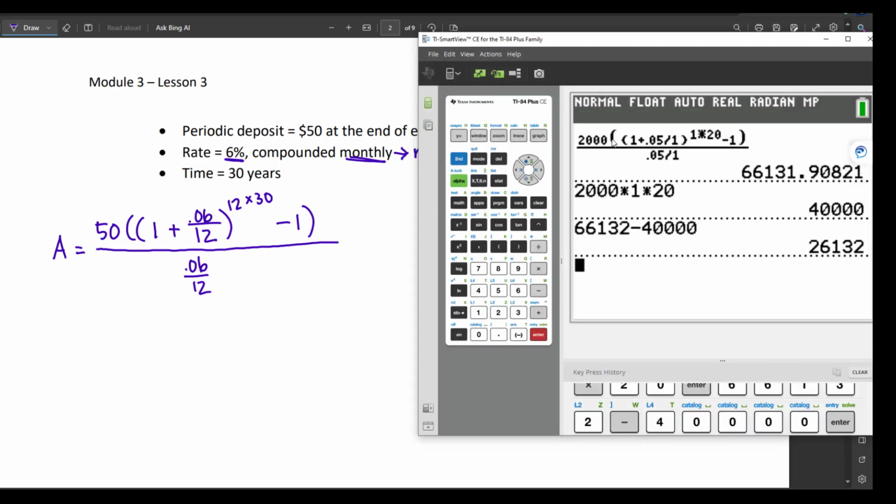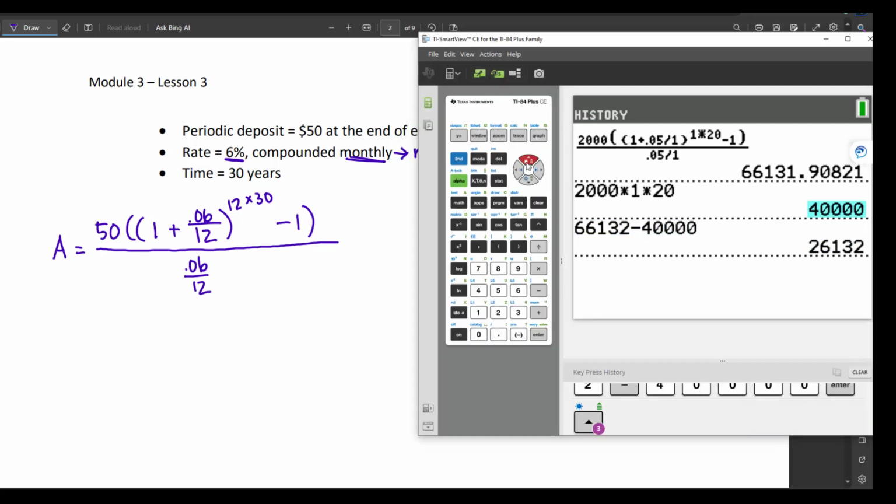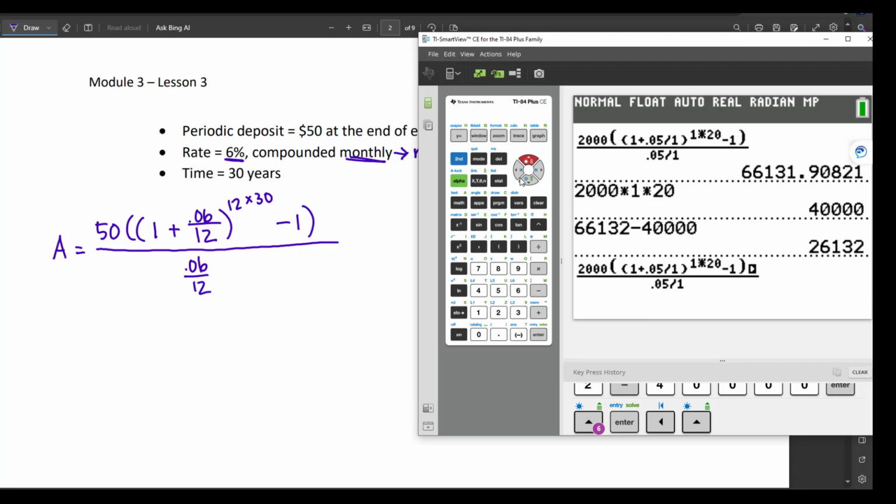Remember, on these calculators, you can scroll up to your formula, highlight it, and click enter, and we can change all of our pieces. So I need to change $2,000 to $50. I'm going to delete those zeros. And then we have 1 plus 0.06 divided by 12.